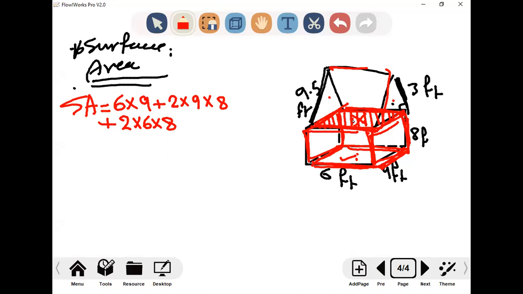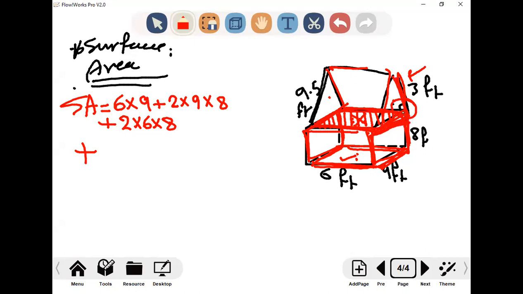I'm done with the lower rectangular prism. Now I will talk about the upper triangular prism. Plus, focus: I have 2 triangles, one to the right and one to the left. This triangle here has this base and this height. Remember, we have a right angle here.